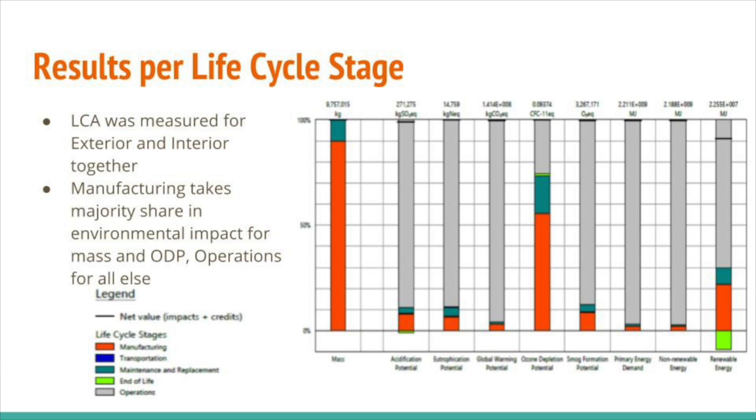Compared to these, all of the other stages seem minuscule and almost negligible. Only maintenance and replacement seem to hold any significance, but that itself is a distant runner-up for nearly all of the categories.